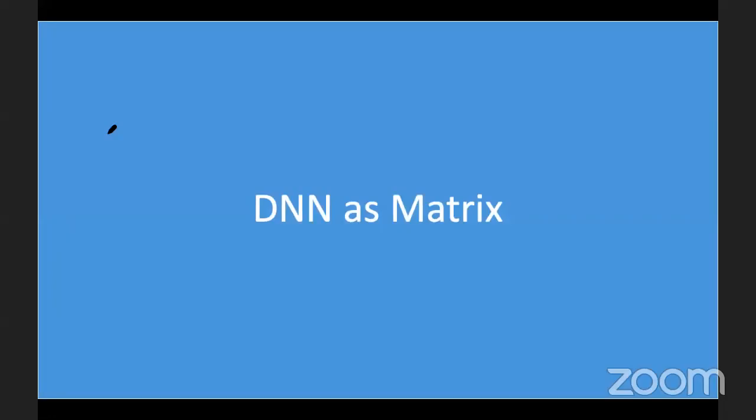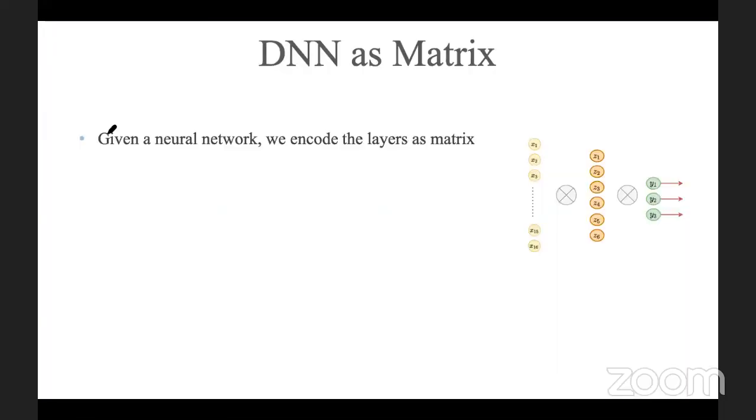Now I'll mention this because it will be important next time. When we store this in a computer, we don't create a neuron class and say this neuron has this many weights and bias. Instead, we store all of these weights in one matrix.